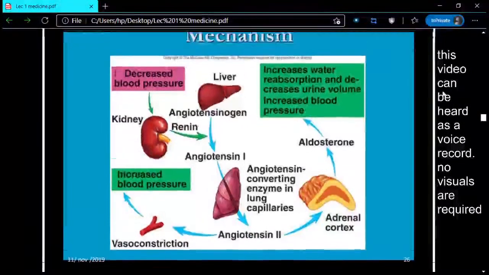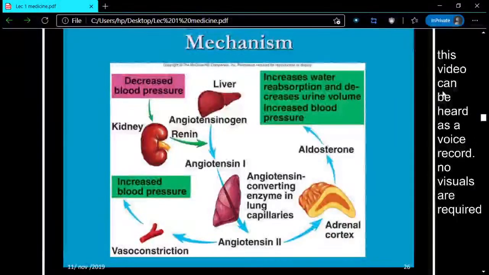Angiotensin 1 is converted to angiotensin 2 by the lung capillaries, with the liver and kidney involved, in response to decreased blood pressure.